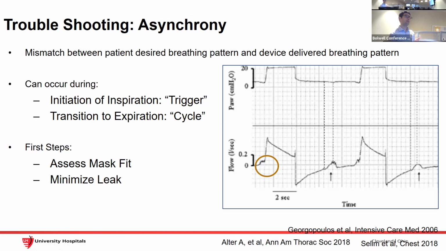Here, what I'm showing is that you can have an asynchrony of the trigger. Like here, you see the patient made an effort to breathe, but the flow wasn't enough to trigger the device. So this is a missed trigger. And then subsequently, you see this inflection over here, that was enough.